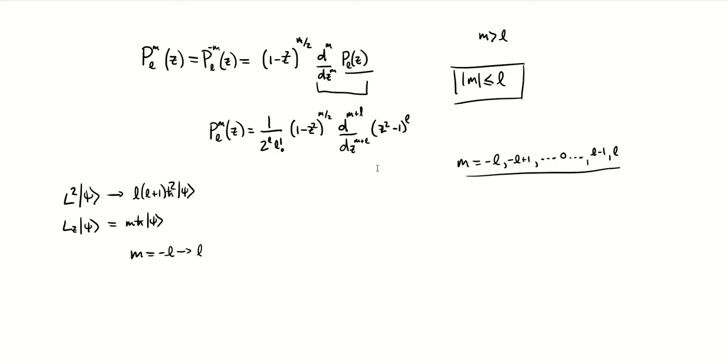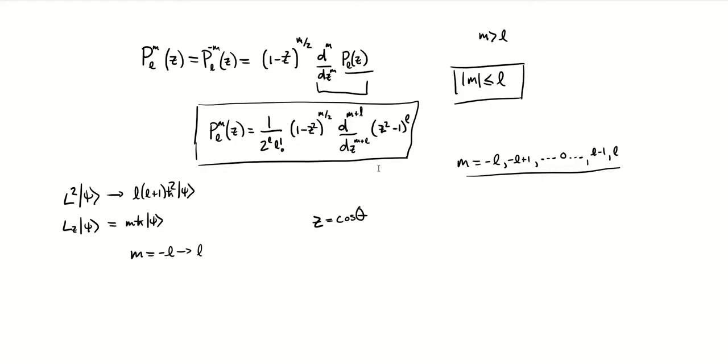This was what we had when we were looking at the spin angular momentum. So we're sort of deriving all of these eigenvalue equations in the position basis, and we've got our associated Legendre functions here that give us the position wave functions of this polar part. We have to sub back in the fact that z is equal to cosine theta, but then we have our solution.